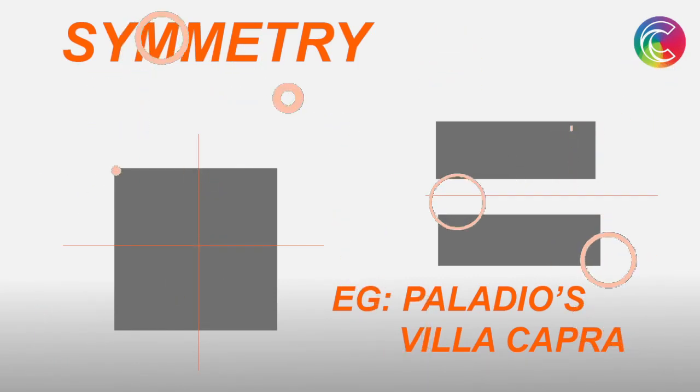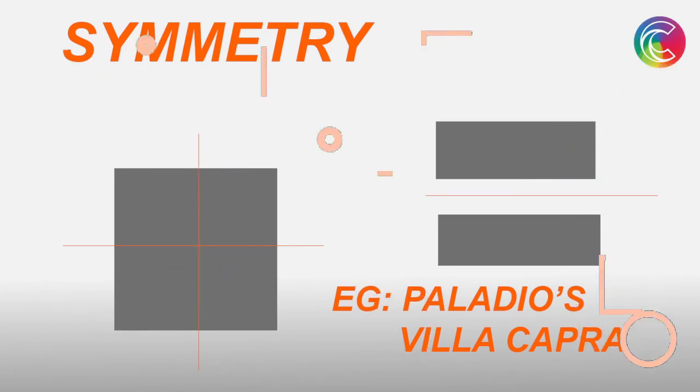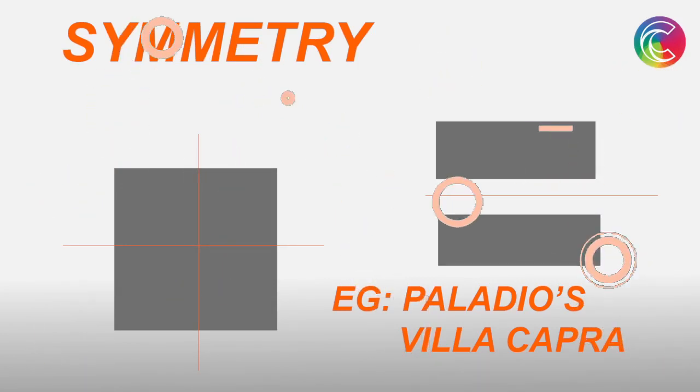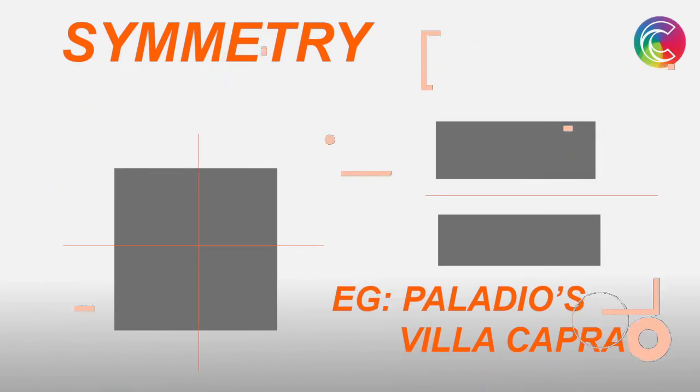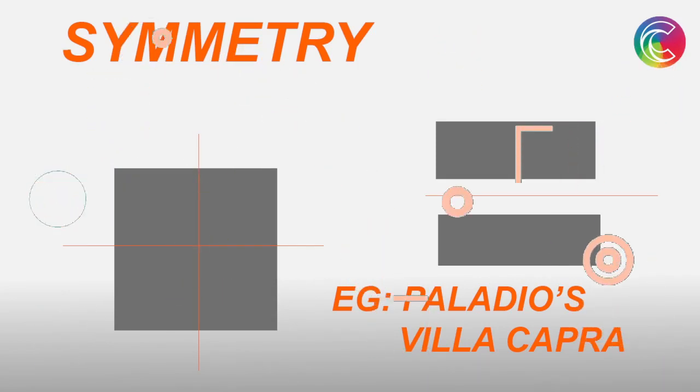So many designs, even temples, churches, ancient churches which are cruciform in nature. You understand the sign cruciform, right? Like that Christianity symbol. They are all symmetrical, because if you cut it in half, you will get that symmetry in the plan.